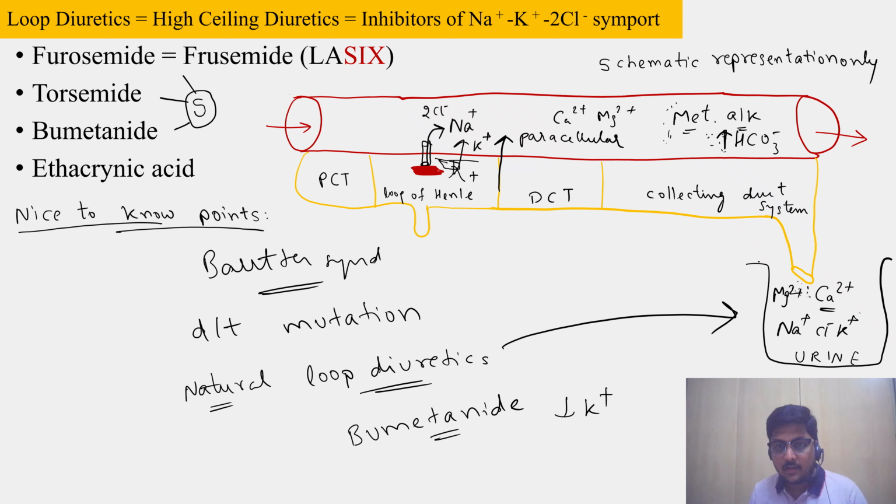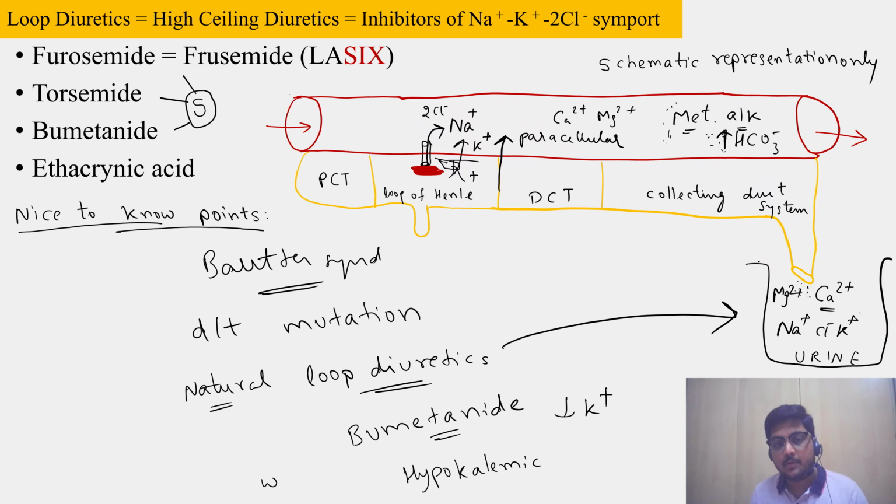So we see a hypokalemic condition. Already the patient has a propensity to land in a hypokalemic condition. Okay, but if we give any loop diuretics to a Bartter syndrome patient, this hypokalemia worsens.